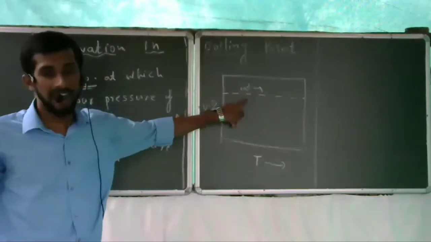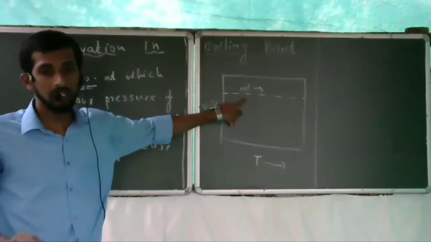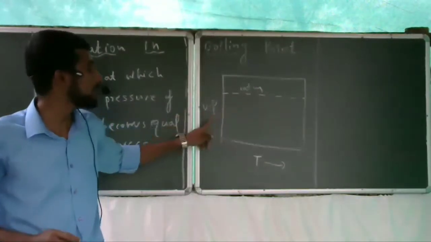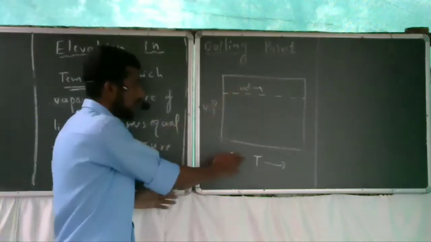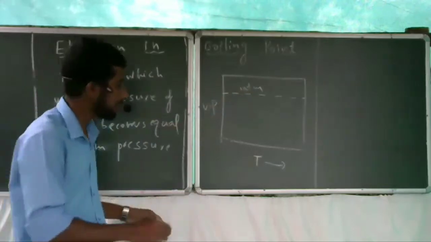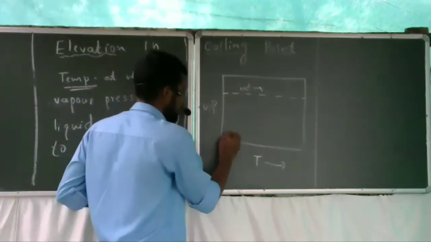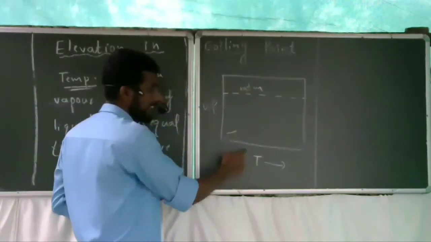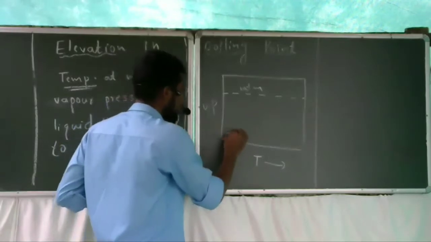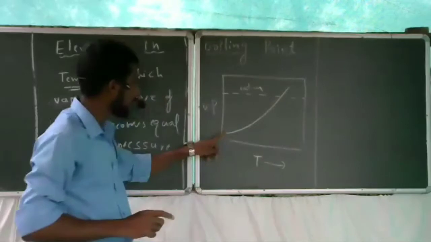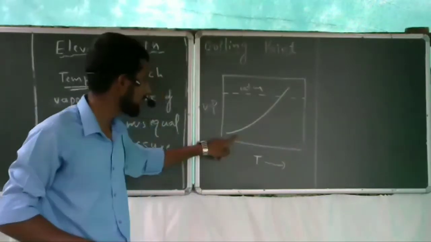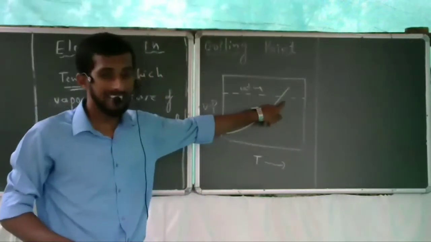Normally at sea level, atmospheric pressure is 1 atm. Then for any particular liquid, this is the vapor pressure curve. As temperature increases, the vapor pressure of the liquid also increases.